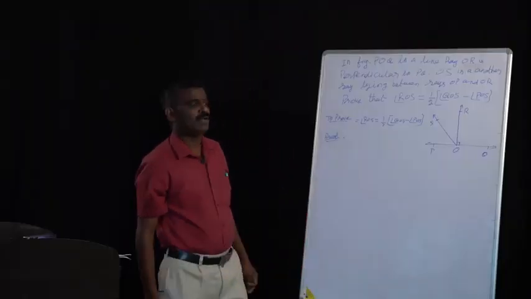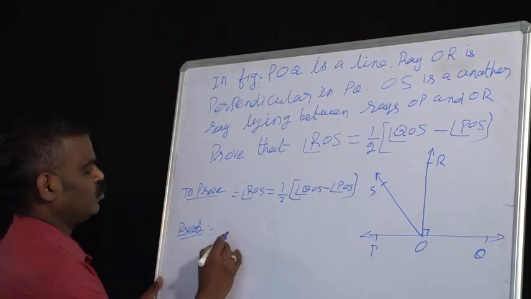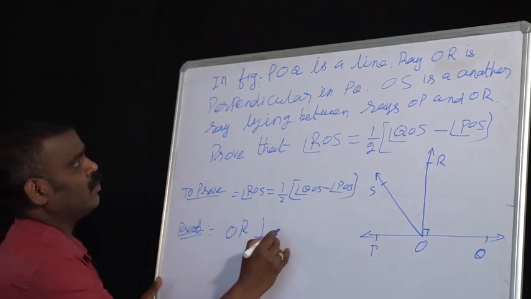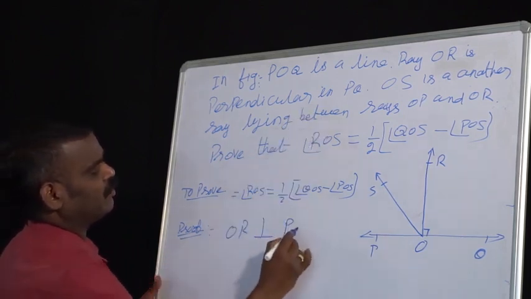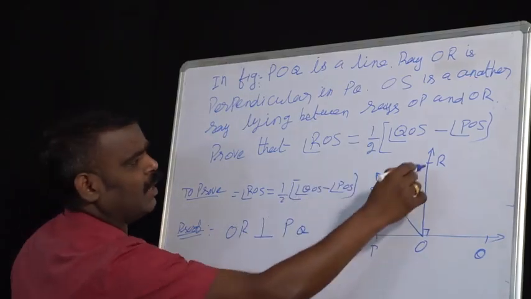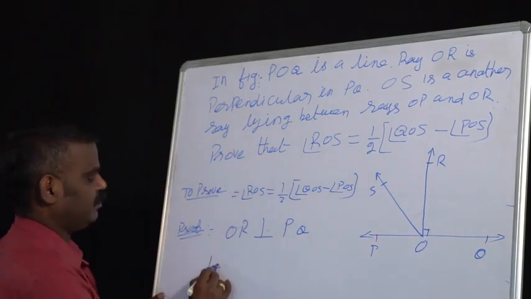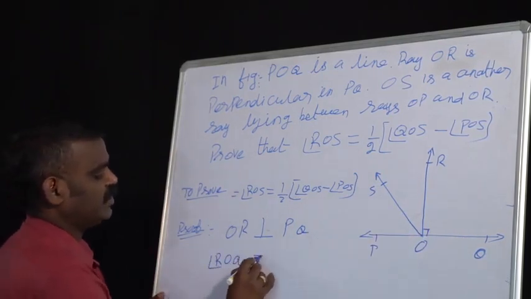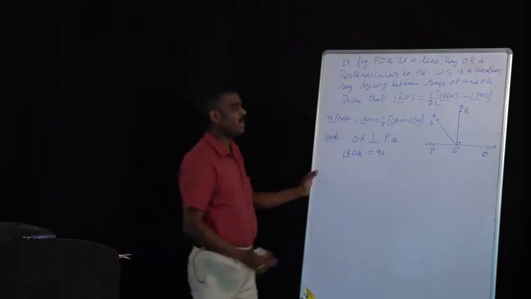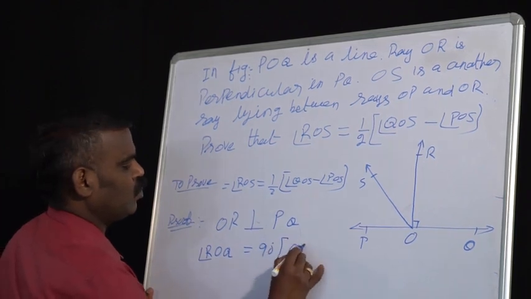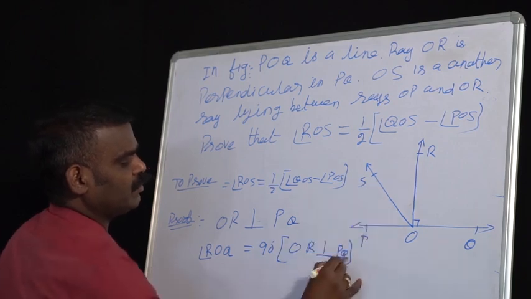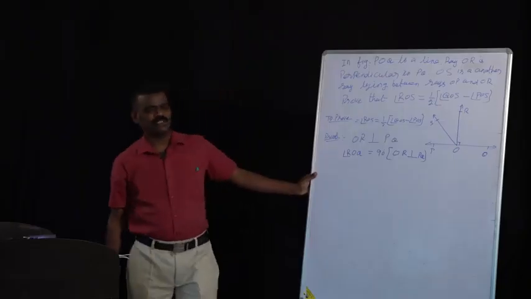Perpendicular, yesterday we learned, means how many degrees? 90 degrees. The symbol means perpendicular to PQ. That means angle ROQ equals how many degrees? 90 degrees. Why is angle ROQ 90 degrees? Reason: because OR is perpendicular to PQ, that's why it is 90 degrees.